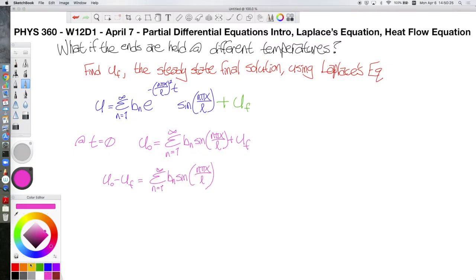So now this is just ready for our Fourier sine series. So rather than f of x just being u naught, now f of x is u naught minus uf. So basically, when your final state is not equal to 0 temperature, precisely at all points, then you expand the initial steady state minus the final steady state in your Fourier series instead of just the final state.